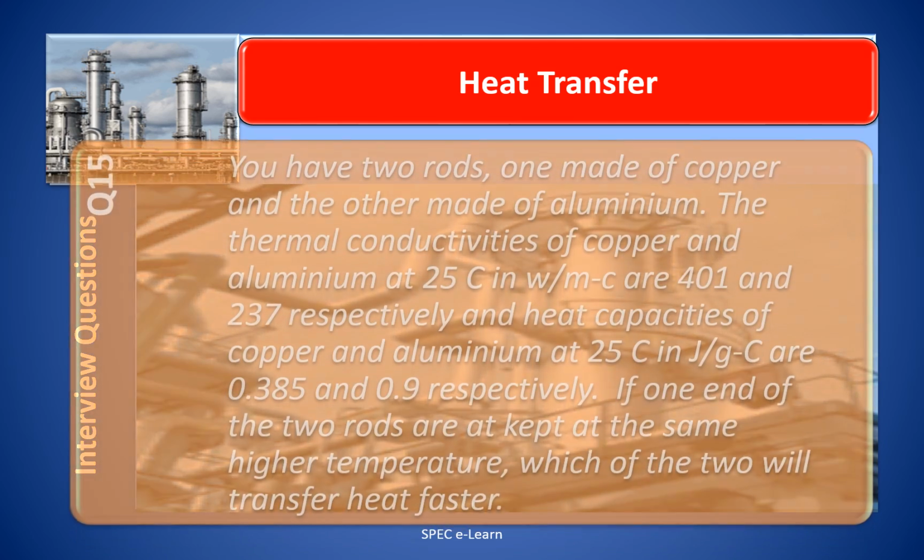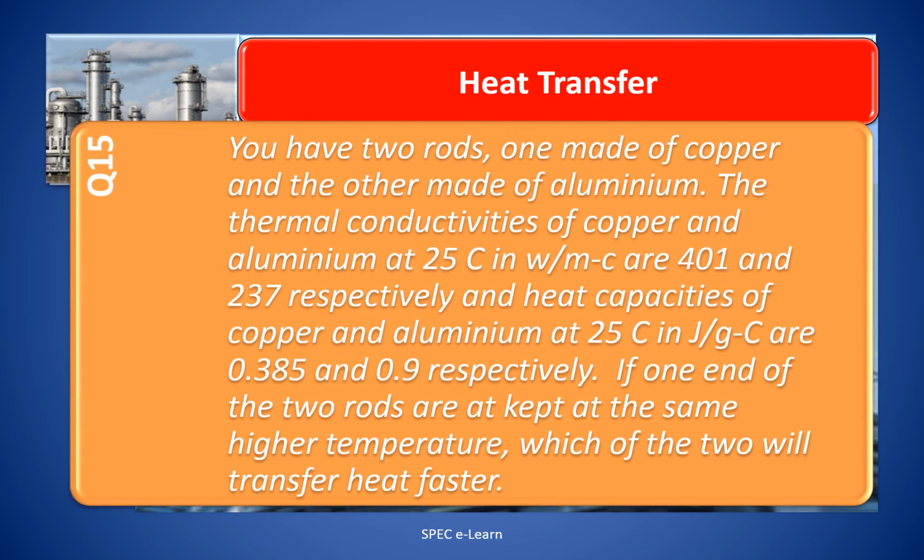Question number 15. You have two rods, one made of copper and the other made of aluminium. Thermal conductivities of copper and aluminium at 25 degrees centigrade in watts per meter degree centigrade are 401 and 237 respectively, and heat capacities of copper and aluminium at 25 degrees centigrade in joules per gram degree centigrade are 0.385 and 0.9 respectively.